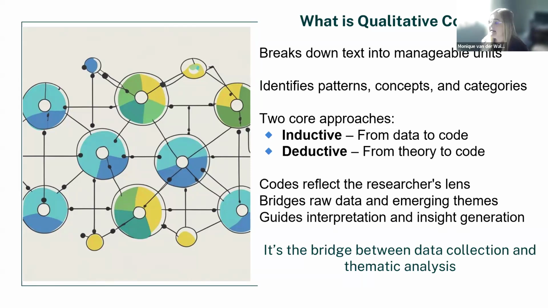Inductive is where the codes emerge from the voices of the participants. Deductive relates more to when we have already identified a theory or a certain framework, and would like to see how these things apply.